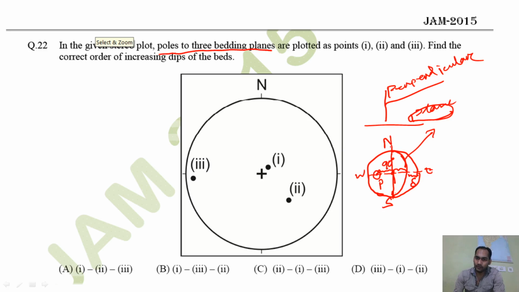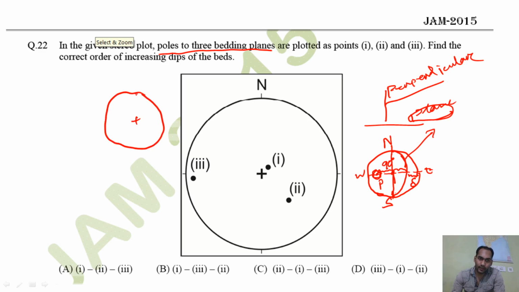So you can see I have told if this is a plane, the pole will be 90 degree to the plane. Let me take another example here. This is the center.